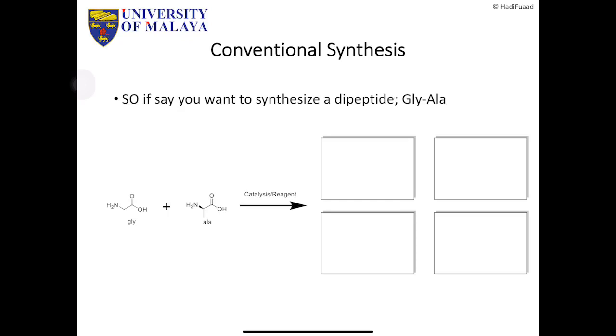So imagine if you want to synthesize a dipeptide with a glycine and alanine. Just these two. So you will have A for glycine and B for alanine, and then, as I've shown in the previous slide, you just mix them, and in the presence of a catalyst, you will get A and B, correct?